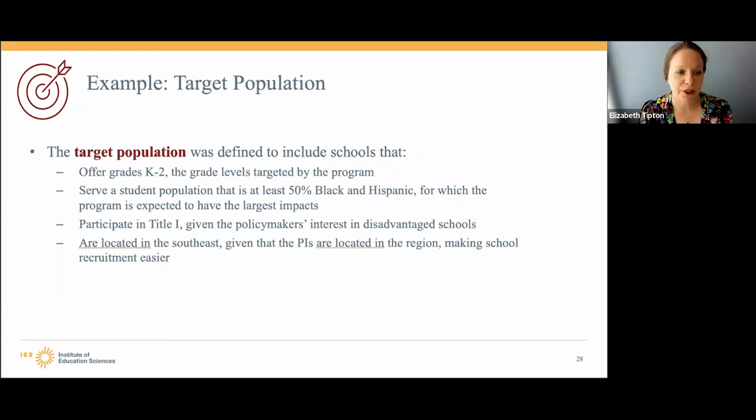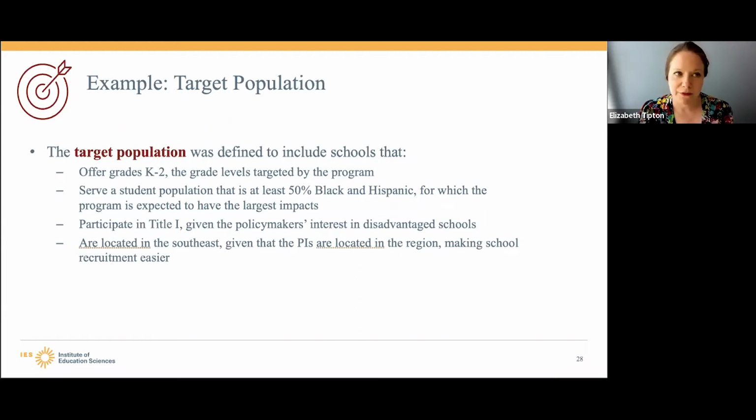To think through what the target population is, in the example, they realize that first it has to offer grades K through 2, because that's the target of the reading program. They've decided to limit the population to schools that have at least 50% Black and Hispanic students, because again, this is the focus of the program.